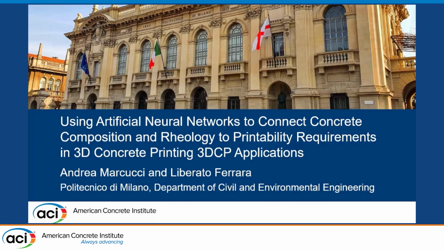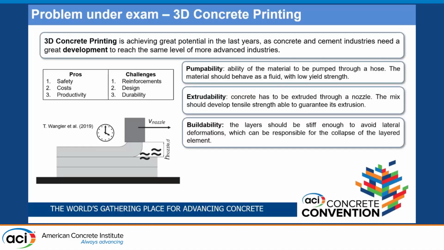to 3D concrete printing. As you may know, 3D concrete printing has been acquiring a lot of potential during the last years. It can represent a solution for the technological development that the concrete industry strongly needs to be in line with the more advanced industries.